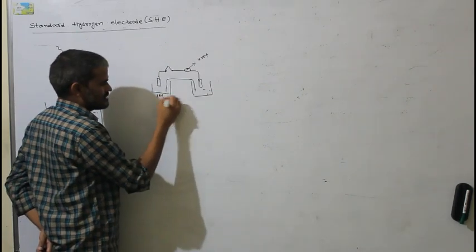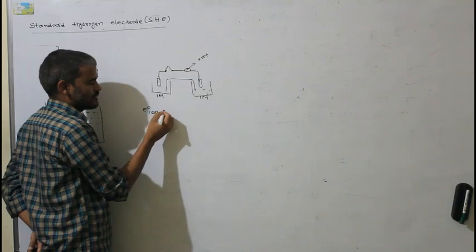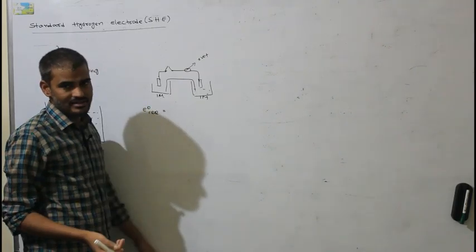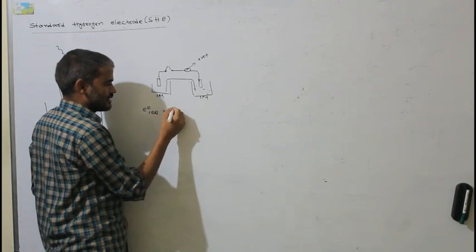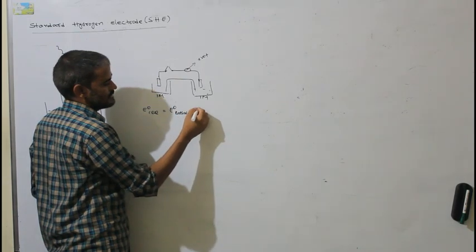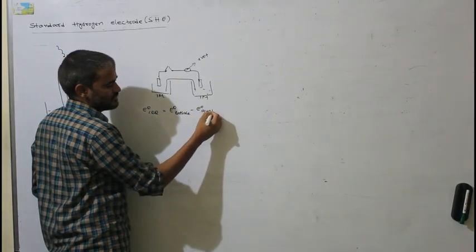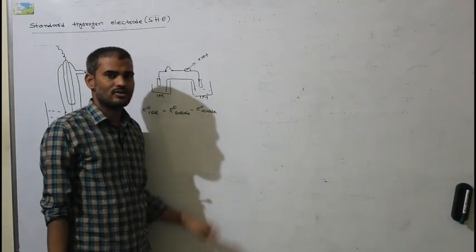If these concentrations are 1 molar at standard condition, we will say E naught cell is equal to, for E naught cell we have given various formulas, but I said we have to use only that one formula: E naught of cathode minus E naught of anode. Reduction potential of cathode minus reduction potential of anode.